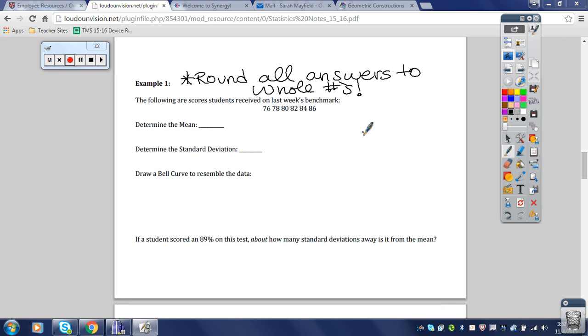So you're going to find the mean, you're going to find the standard deviation, you're going to draw a bell curve, and then you're going to answer this question. And another question you're going to answer before this question is, what value is 3 standard deviations above the mean.